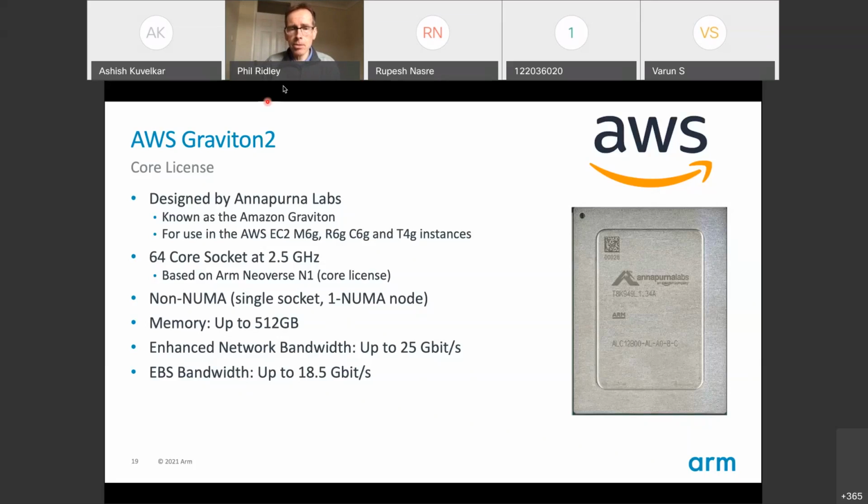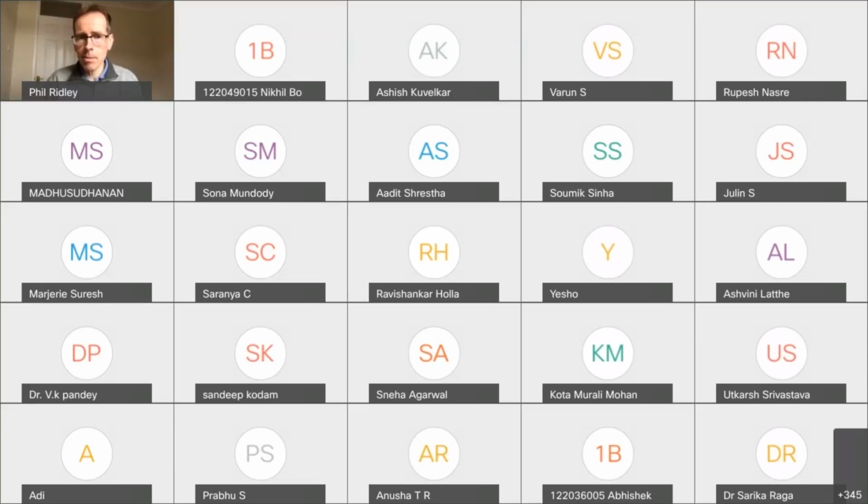You can choose how much memory you have. It's got fairly decent bandwidth, and then you can also use the other Amazon features, the file store, the interconnect, the EFA. So you can build yourself a very powerful cluster on Amazon with the Graviton 2 processors.